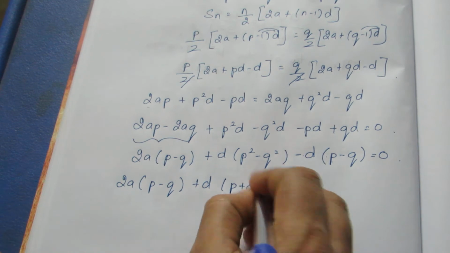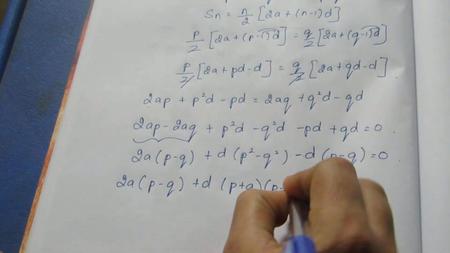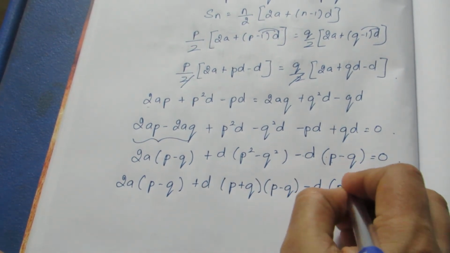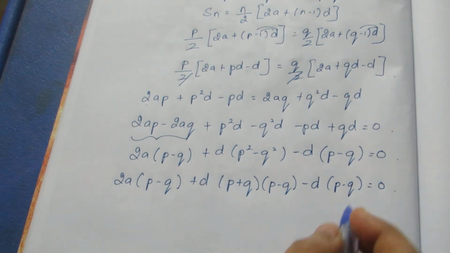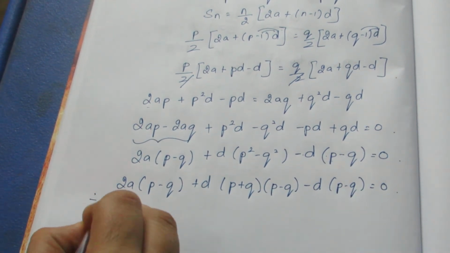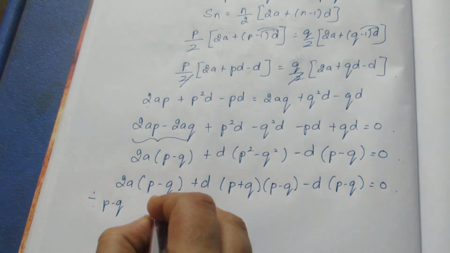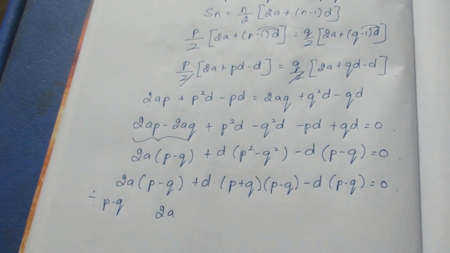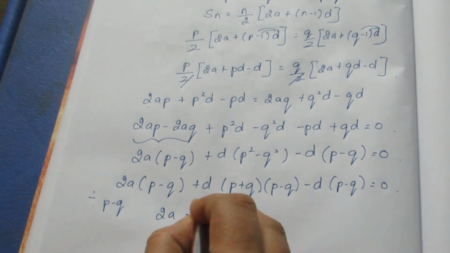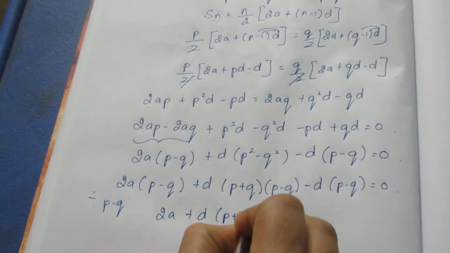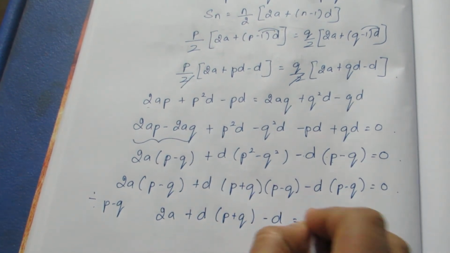So A plus B into A minus B, minus D P minus Q. As P minus Q is common to all, I am dividing this by P minus Q. So this becomes 2A, because P minus Q get cancelled. So 2A plus D into P plus Q minus D is equal to 0.